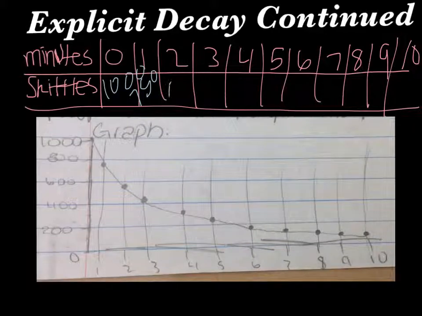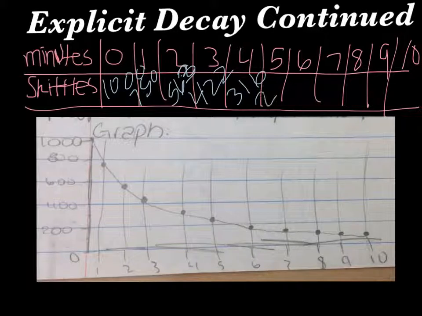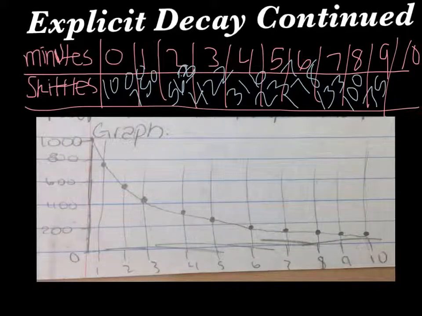So 563, and 422, 316, 237, 178, 133, 100, 75, and finally 56.